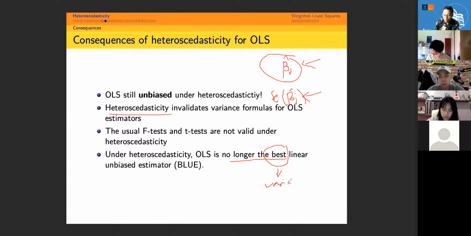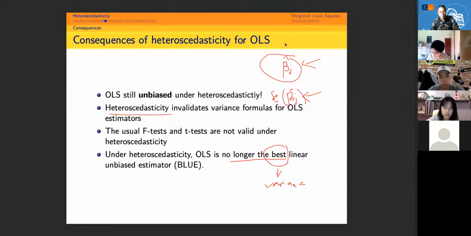Now, if you do not fulfill the homoscedasticity assumption, then OLS no longer provides the lowest variance. There are other estimators that could produce smaller variance than OLS. So what's the alternative estimator? We're going to discuss that today. It's going to be referred to as the weighted least squares, or the WLS.